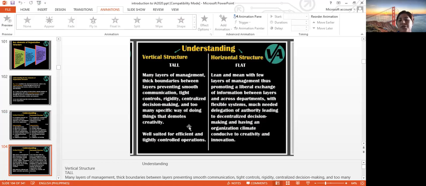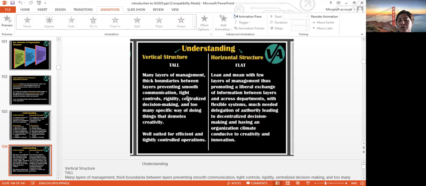And it demotes creativity because one of the characteristics mentioned a while ago is that the emphasis is on efficiency. So how can you experiment or innovate on something if you are not yet sure of the result? So this is well suited for efficient and tightly controlled operations in vertical structure, but I'm not saying that vertical structure is not good.